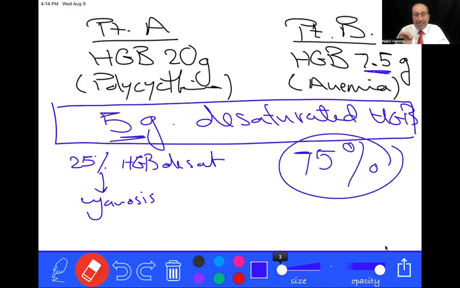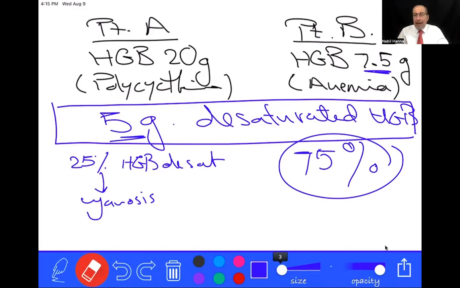So to have 75% desaturation, this means you must have very severe hypoxia to have this extreme desaturation. And this means the more hemoglobin you have, the easier to get cyanosed. The more hemoglobin you have, the easier to detect cyanosis.